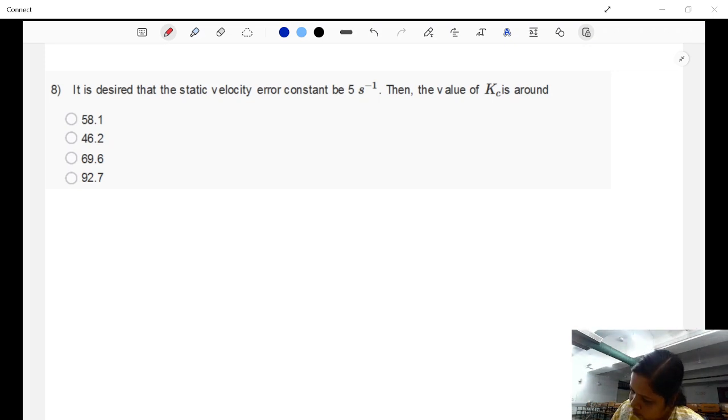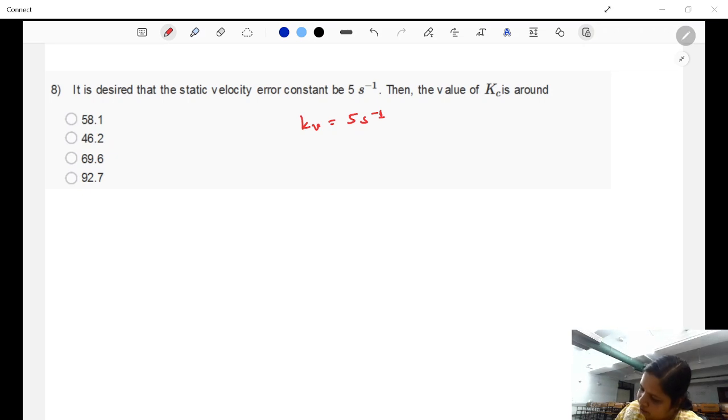Now, how is Kv defined? There is an expression that we had arrived at when we were reading about steady state error. Okay. So Kv is equal to 5 per second, right?